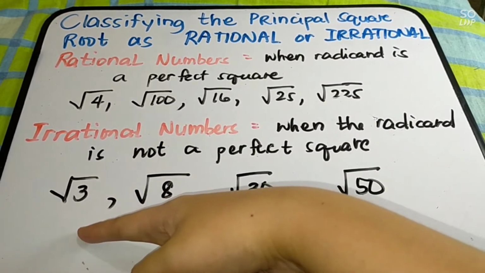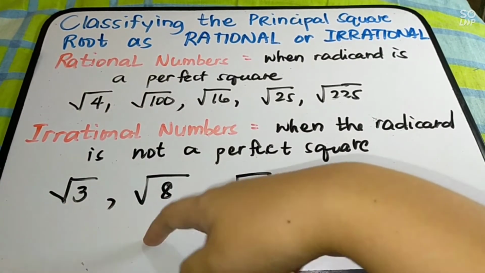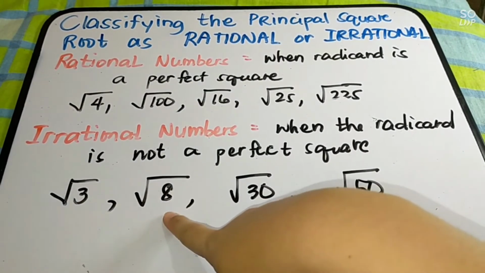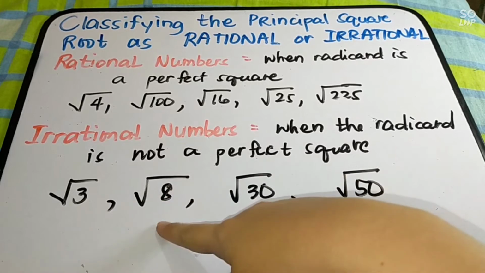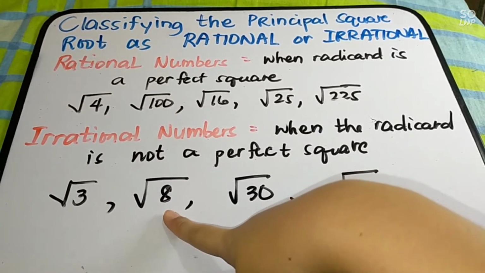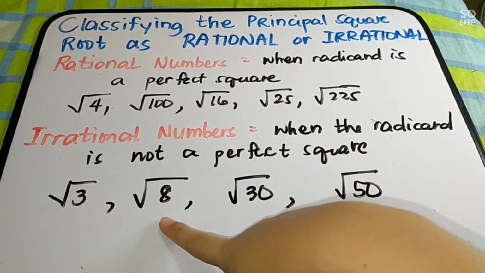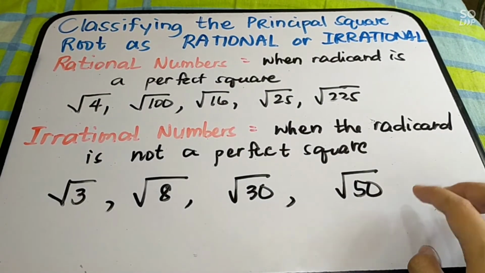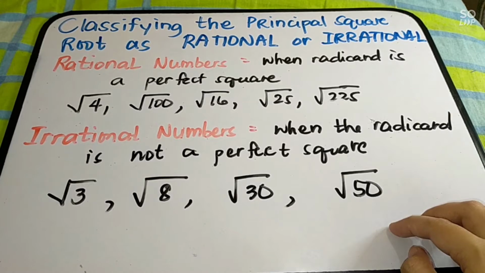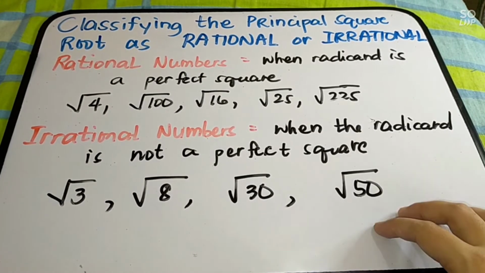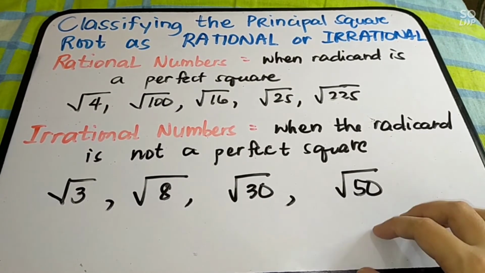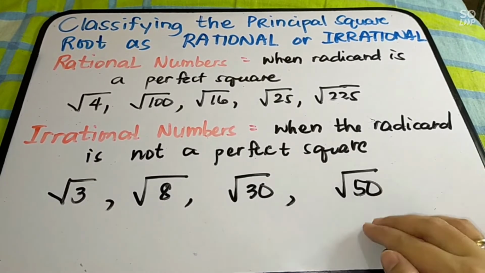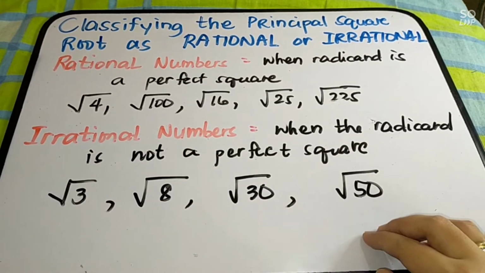So, kapag kinuha mo yan, magkakaroon ka ng decimal pag kinompute mo yan sa calculator. Also, square root of 8. Square root of 8 is not a perfect square, so therefore, it is irrational numbers. Square root of 30 and also square root of 50 are not perfect square numbers, therefore, these numbers are irrational numbers. You cannot have a whole number as the answer if you simplify this examples.